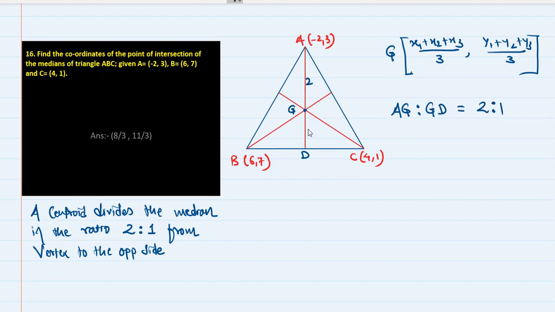Now let the coordinates of point G be (x, y), the centroid.